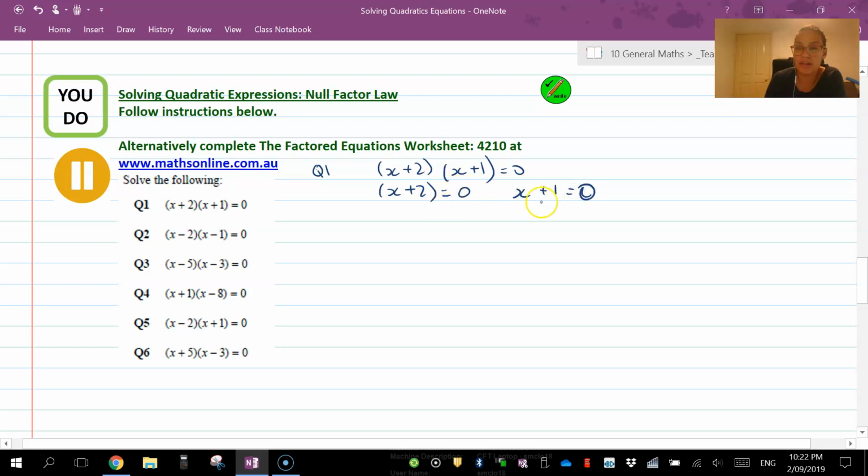Don't worry about the brackets here, I was just getting excited. Then you would solve each one of these for x, and you would do that for the other 5 questions as well. That is using the null factor law to solve quadratic equations. Stay awesome. Bye.